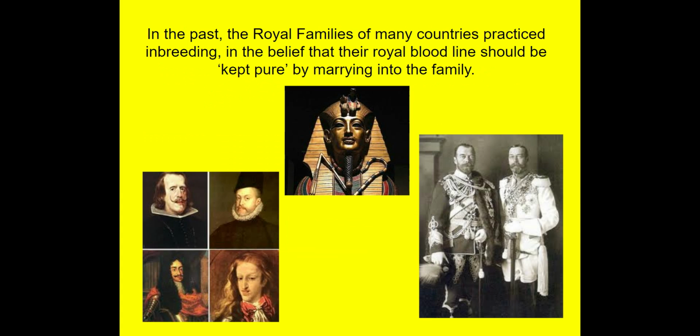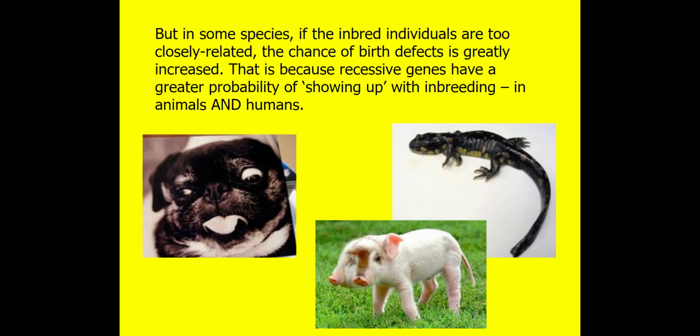You can kind of see this in this picture at the bottom left: in some species, the more you mate individuals with their relatives, especially with the same genes, things can start popping up that are not beneficial. You see this pug whose eyes are not okay, the pig that has a head and a half, and the salamander that has more legs than it should.